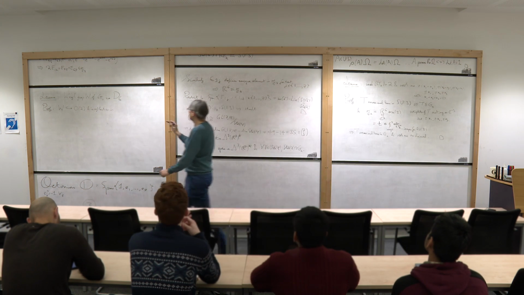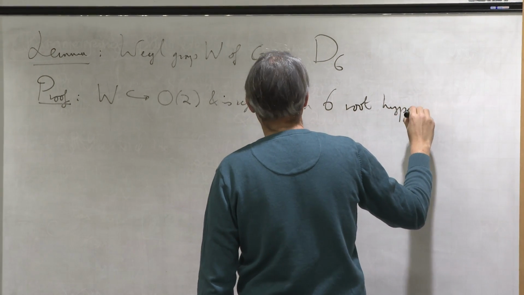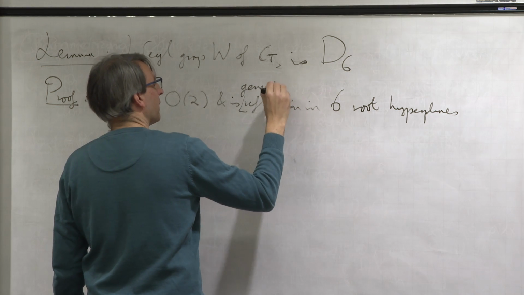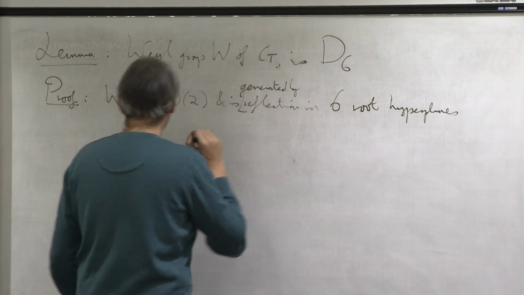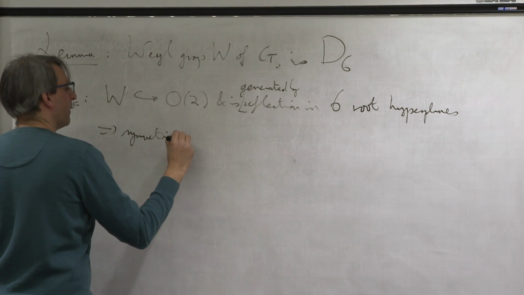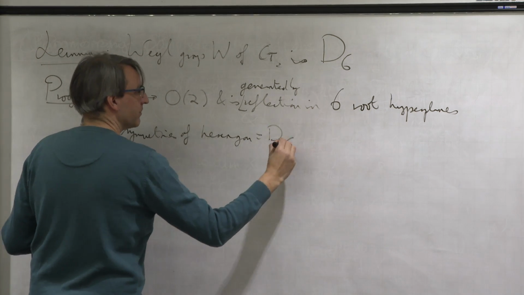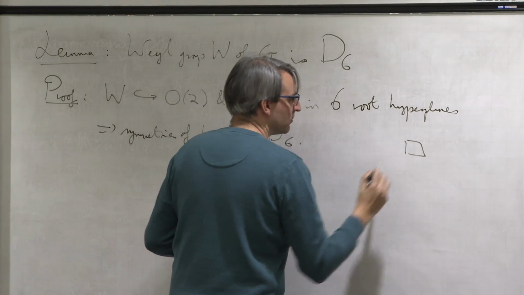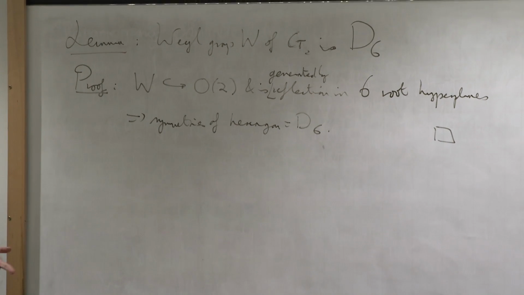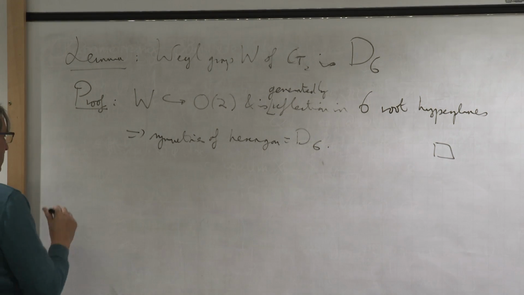So it is generated by reflection in 6 root hyperplanes, but this must be the symmetries of a regular hexagon, which is D6. Because we're just in the plane, we've got 6 root hyperplanes, we're reflecting in them, so it must be the symmetries of the hexagon. It can't be anything else.